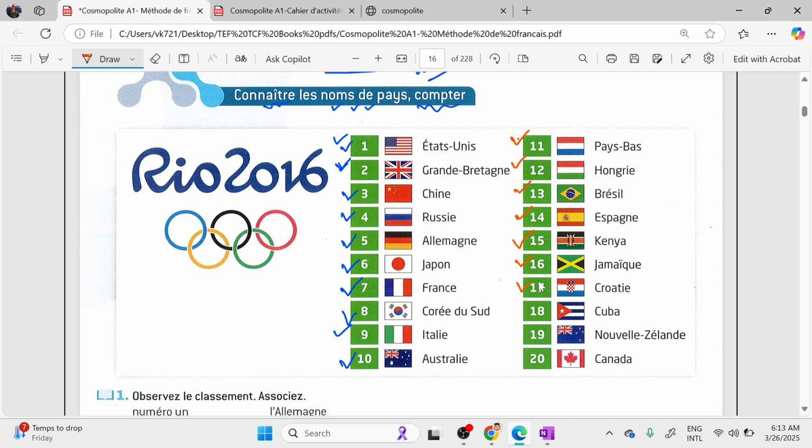Okay. 17, 18, 19, 20. Perfect. This is exactly what we read then: 11, 12, 13, 14, 15, 16, 17, 18, 19, 20. Right? These are the sounds for these numbers.